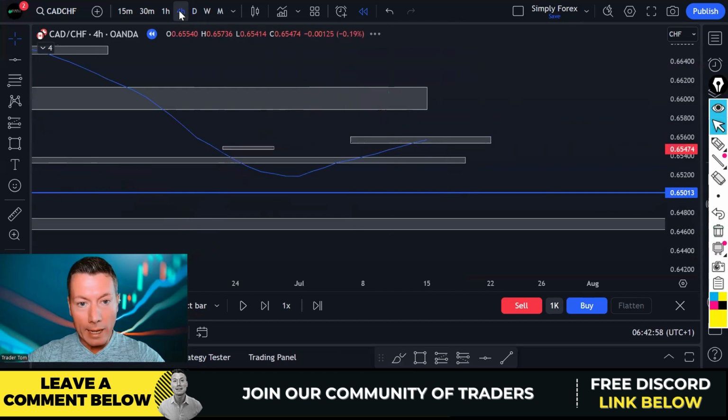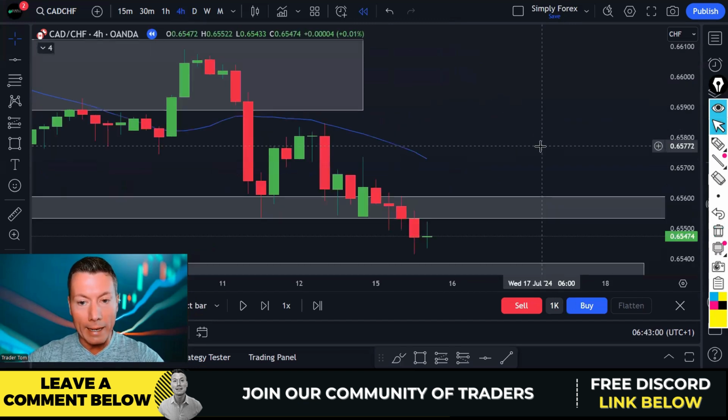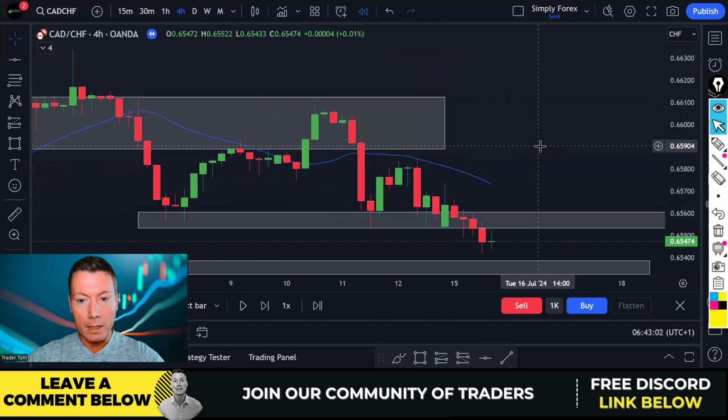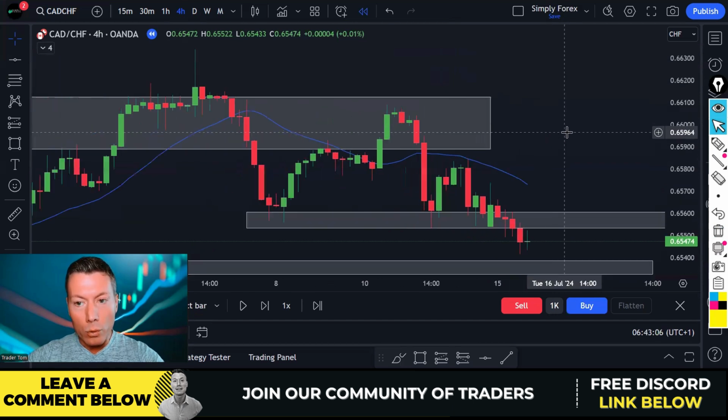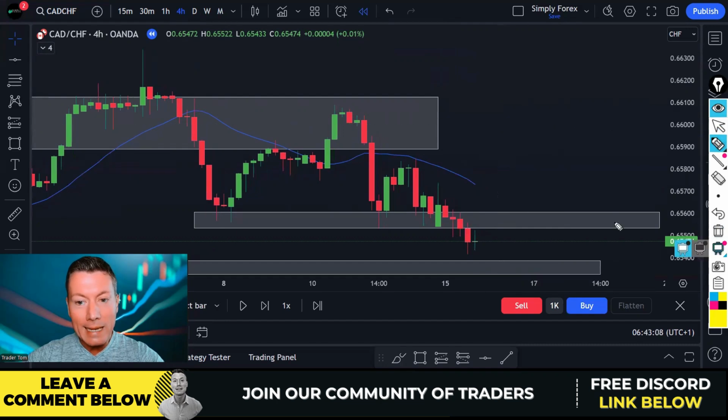Now, if we drop down to the H4, which is usually my entry time frame, all we're looking for is a break of a key level and a retest. You can see price broke this key level with this candle here. This was the first candle to break it because the body closed below. And now all I'm waiting for, guys, is a retest into this gray zone and a bearish reaction.